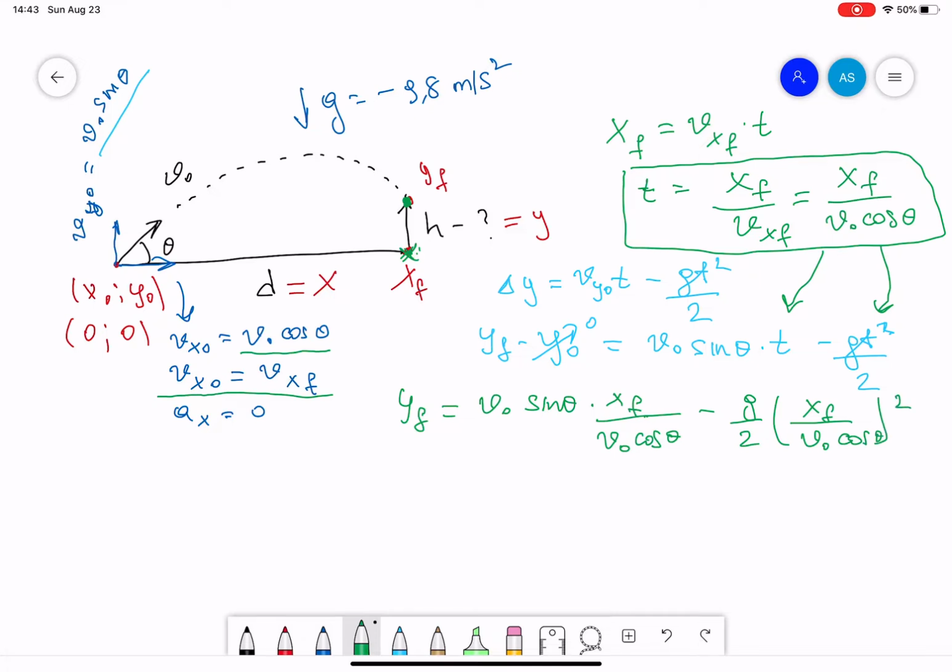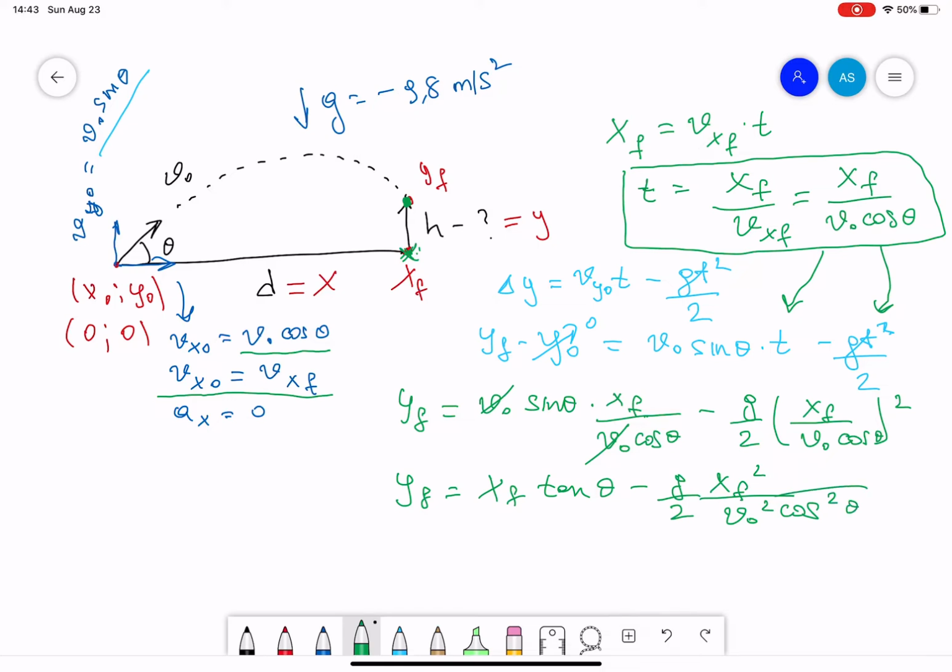Then the v initial cancels, and y final is equal to x final tangent theta minus g over 2 times x final squared divided by v initial squared cos squared theta.